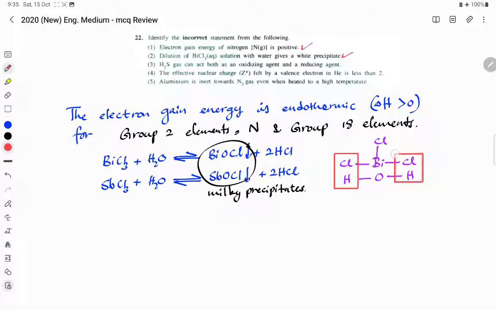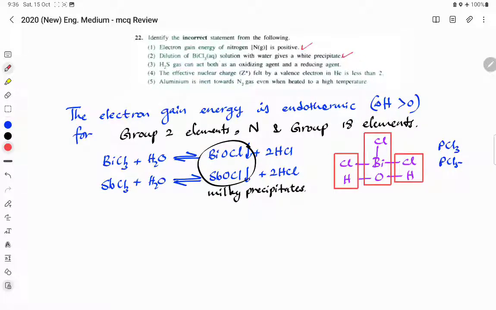The hydrogens from the water molecule will go with two chlorines, and these will be joined together, BiOCl. This can be used for a limited amount of water reacting with PCl3 and PCl5 as well. If you want to know the products when PCl3 and PCl5 react with a limited amount of water, just use this simple method, then you will get the answer. I'm not going into the details. So that statement is correct.